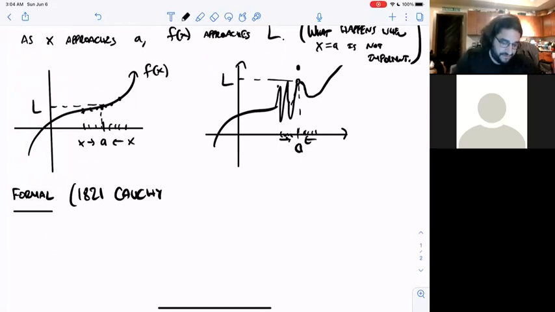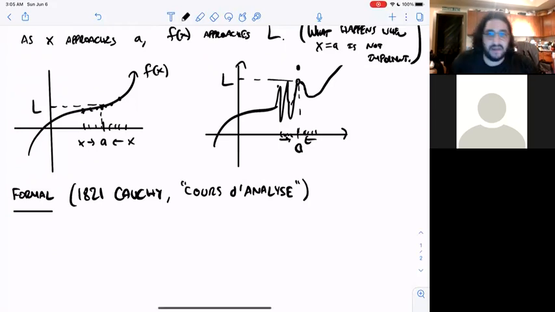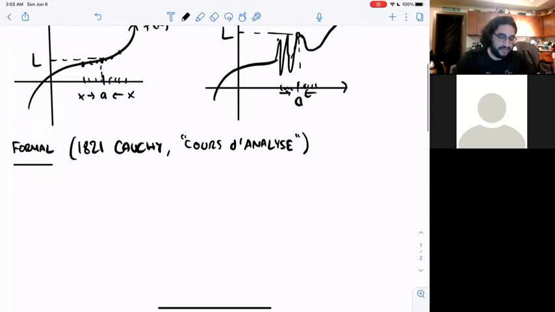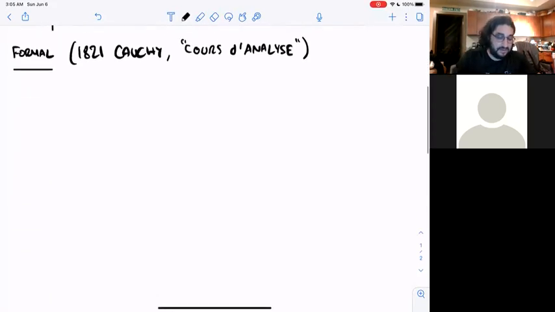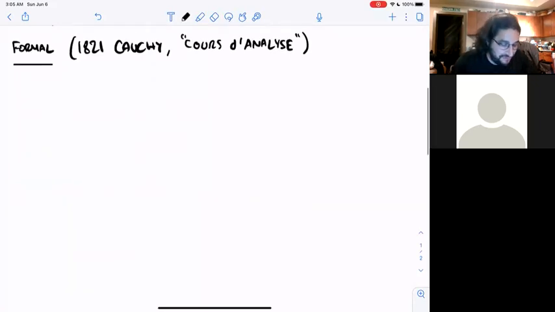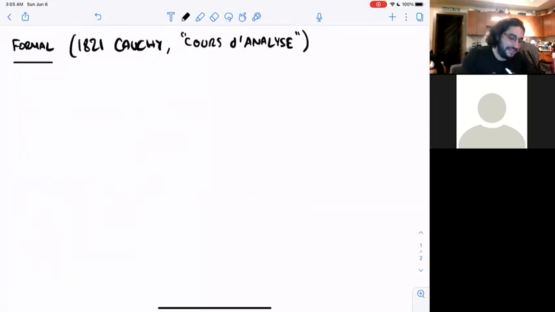He had a very important textbook for his course on analysis. From his book, this is the formal definition, and it's maybe quite a bit more intimidating when you first see it. So that's what I want to focus on today.